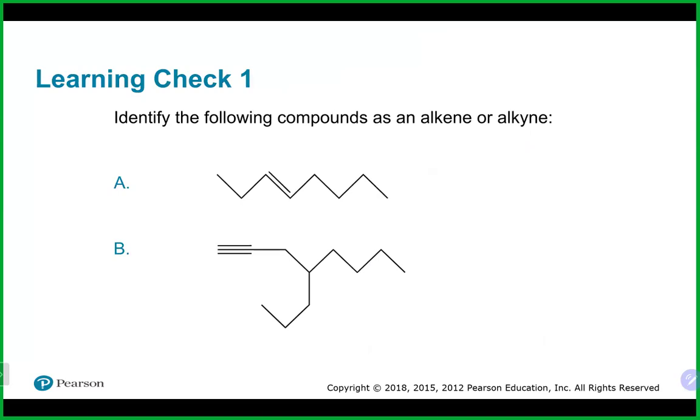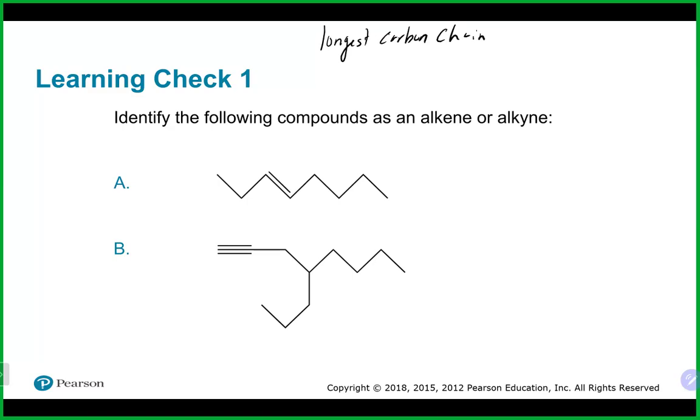Now, how do we go about naming it? It's a good idea. Let's talk a little bit about naming these guys. When we name these guys, we still do the longest carbon chain. Now, the important part of the longest carbon chain, when you have a double bond or a triple bond, is it needs to contain the double bond or triple bond.